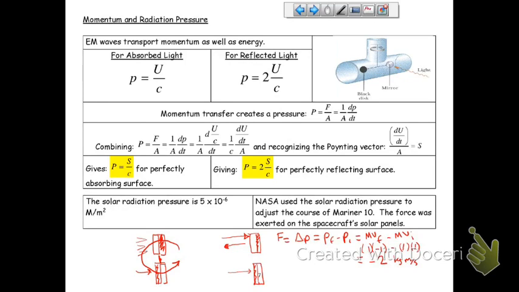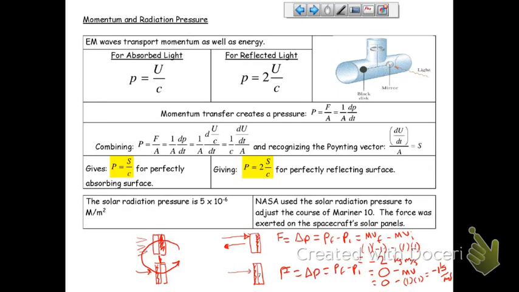Whereas on the dark face, we have F is equal to delta P, which equals P final minus P initial, which equals 0 minus mv, which is 0 minus 1 times 1, which equals minus 1 kilogram meters per second.